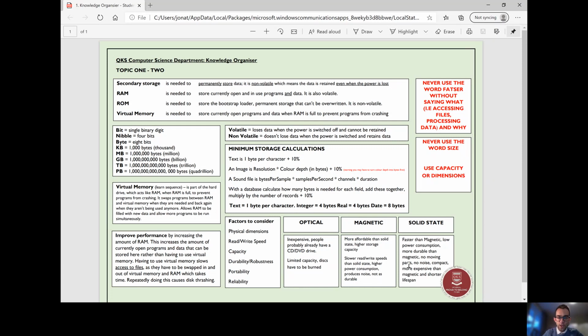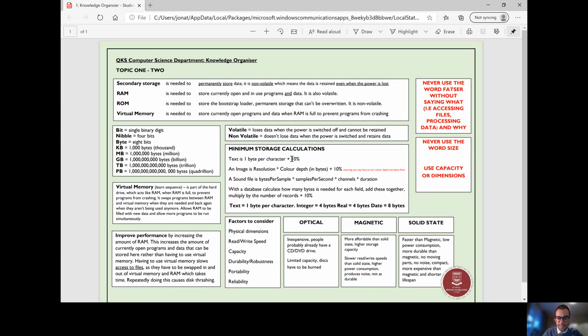The final thing on the topic of storage is being able to calculate the minimum storage calculations for different types of files. So first of all, you need to be able to do text files, and to simply work that out, you just take 1 byte per character. So if a text file has 1,000 characters, it's 1,000 bytes to store.